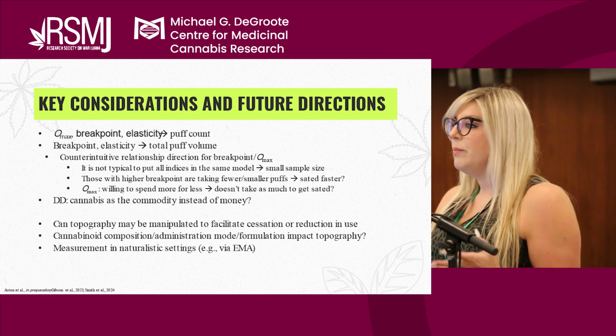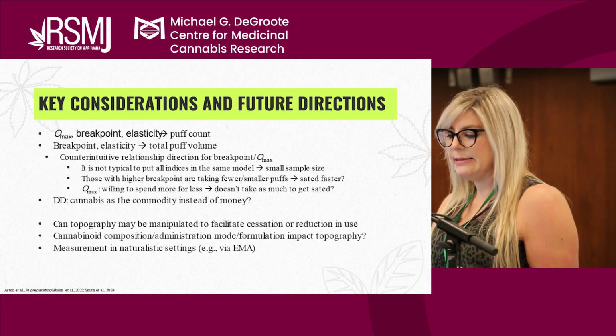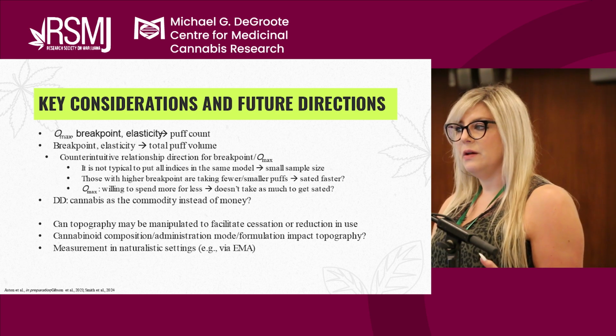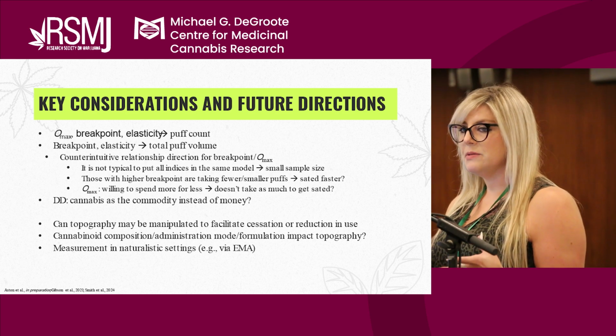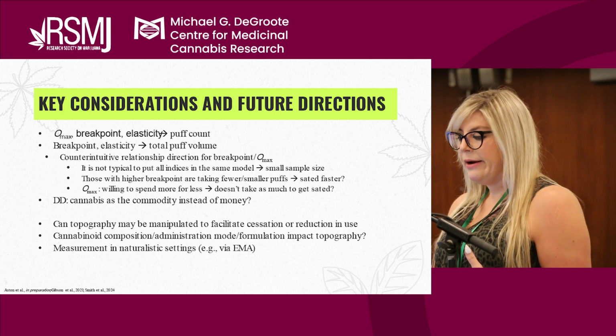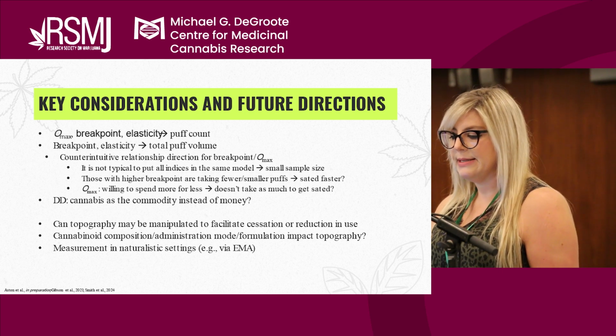First, it's not typical to put all of the indices in the same model, but we had to here because of our sample size. Because of that, we don't really know what happens in the literature when all of these variables are playing together. We did look at whether there was collinearity, and there wasn't, but we still don't totally have enough data to assess this.